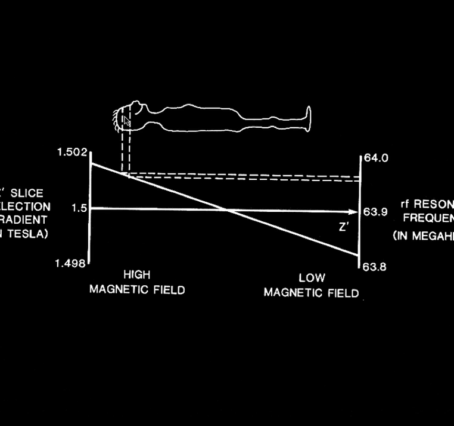Michael, what's the other way I could do it? I think if you had a larger gradient. Okay, so if the gradient were steeper, so that it came down like this, then would that make it narrower or wider?